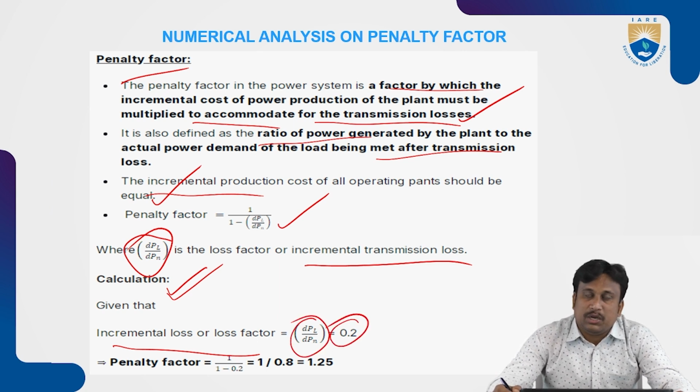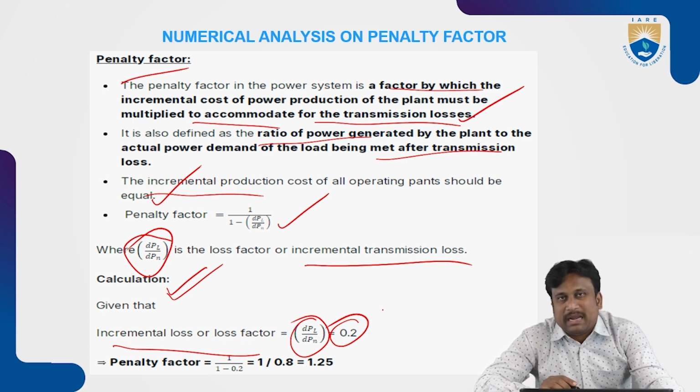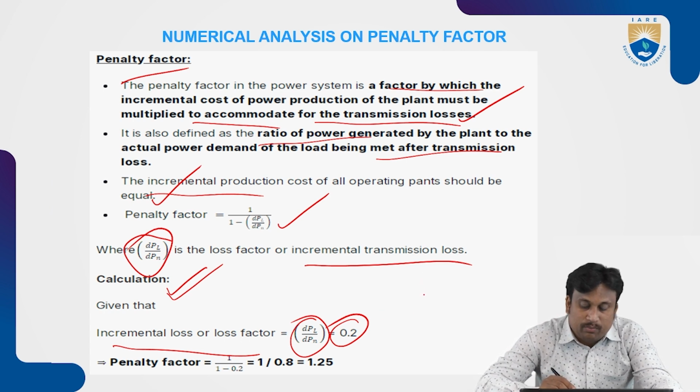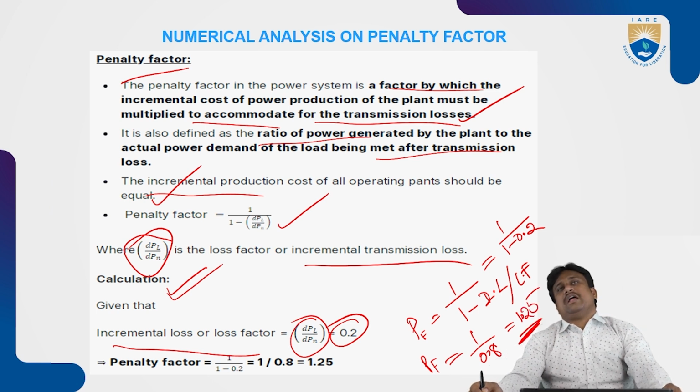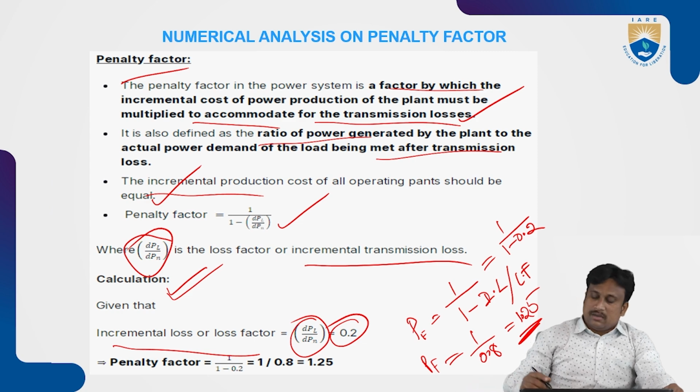Then this value can be substituted in the penalty factor expression. That means penalty factor equals 1 by 1 minus the incremental loss factor. This can be written as 1 by 1 minus 0.2. That gives penalty factor equals 1 by 0.8, which equals 1.25. So this is the value of the penalty factor we obtain.